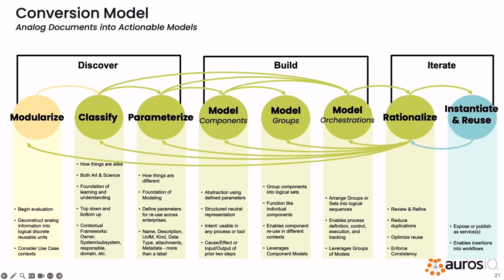So you'll always have to get back to these backwards arrows. Oftentimes, as you move through these steps, you find that things you've done earlier need to be adjusted because now suddenly you can't do the orchestration the way you need to. So you have to go back and adjust your modularization, go back and adjust your classifications, et cetera, et cetera.